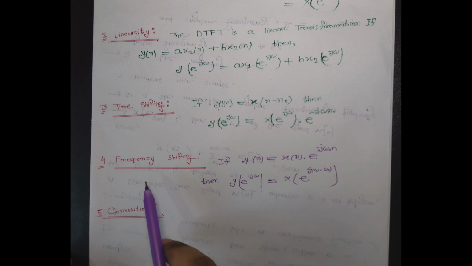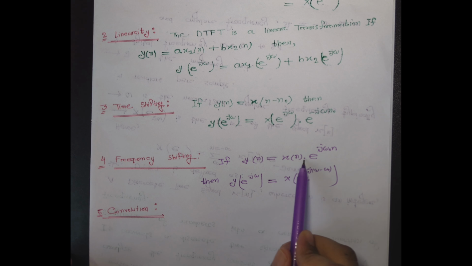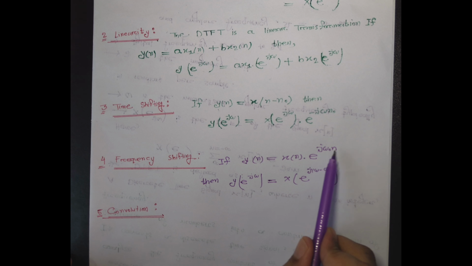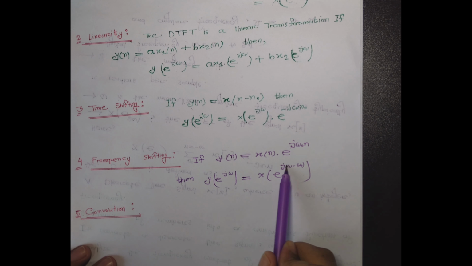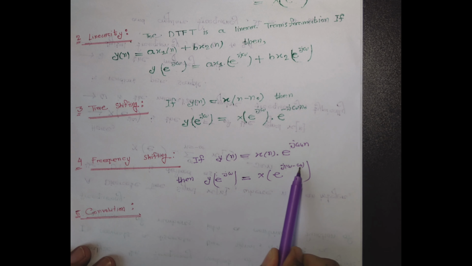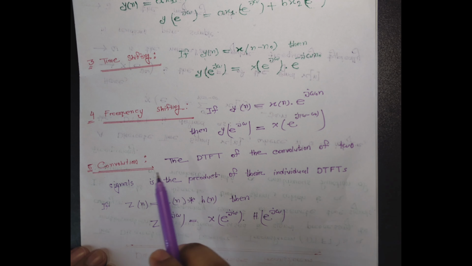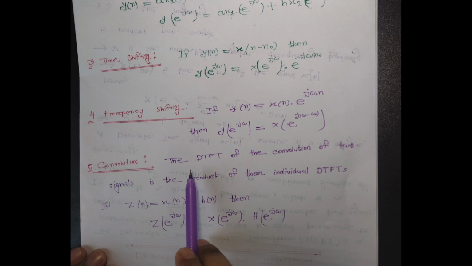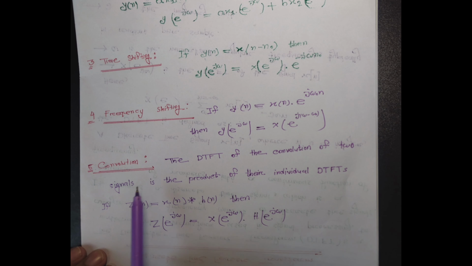In frequency shifting, if the signal y[n] equal to x[n] into e to the power jω0n, then Y(e^jω) equal to X(e^j(ω minus ω0)). In the convolution property, the discrete time Fourier transform of the convolution of two signals is the product of their individual discrete time Fourier transforms.